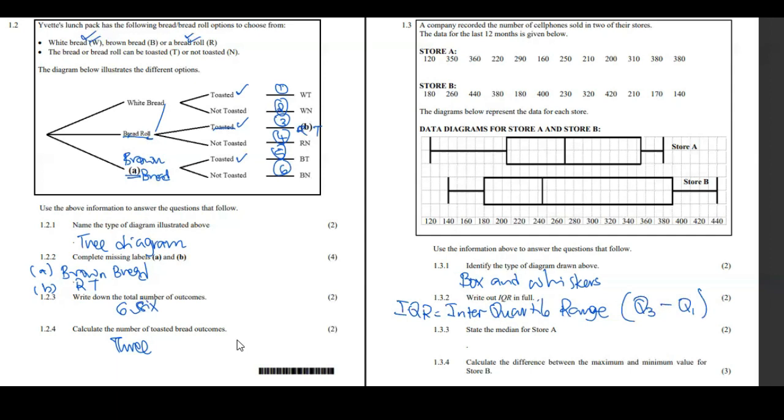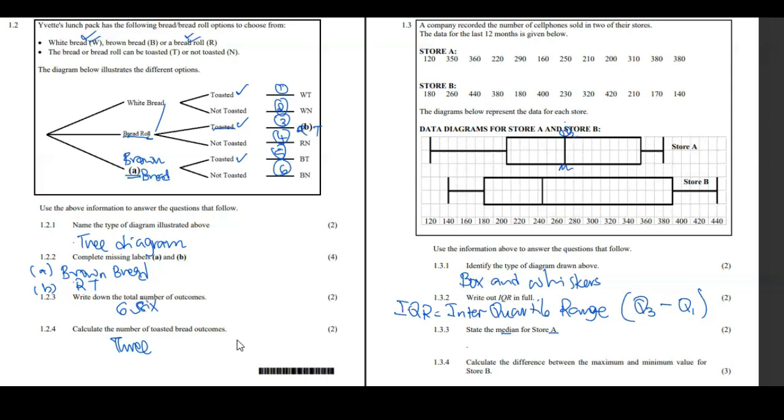All right, find the median for store A. Looking at question number 1.3.3, now we are looking for the median of A. So what you do, you come to the diagram. This is A. So the middle number, this one here, which is our Q2, will always represent the median.